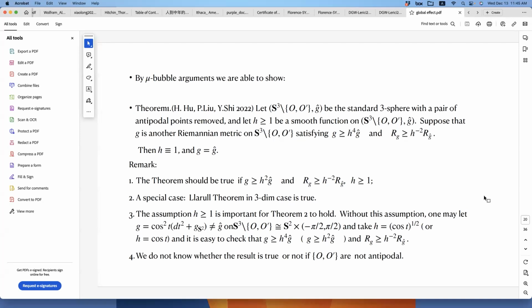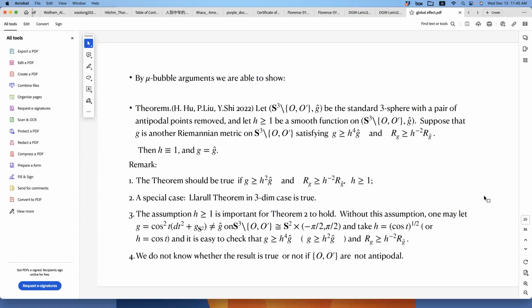Now our theorem says that this is a standard sphere with a pair of antipodal points removed, and G hat is the standard metric. Let H be a smooth function at least bigger than 1 on this S3.